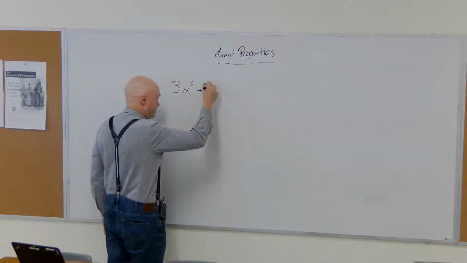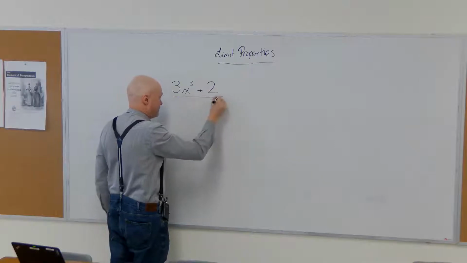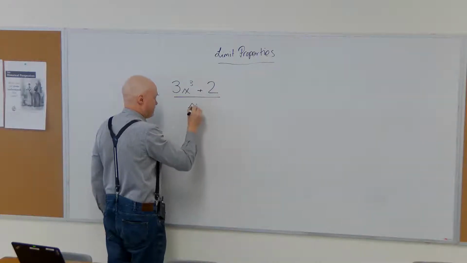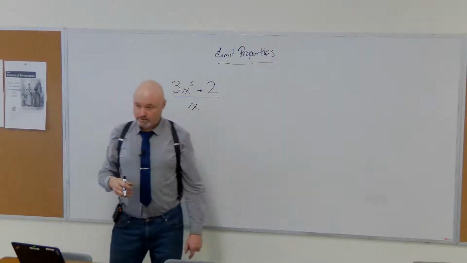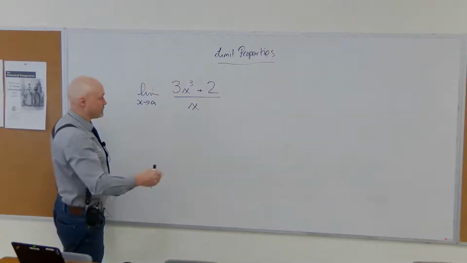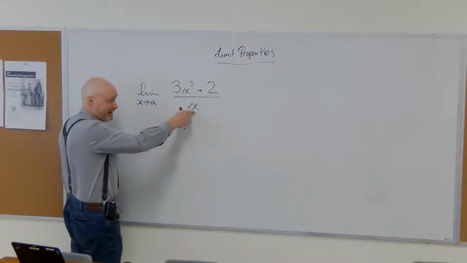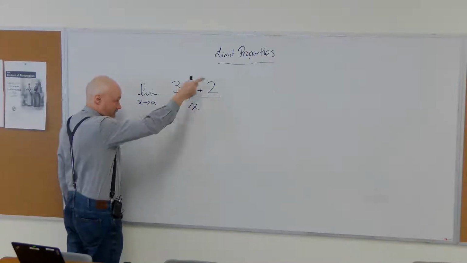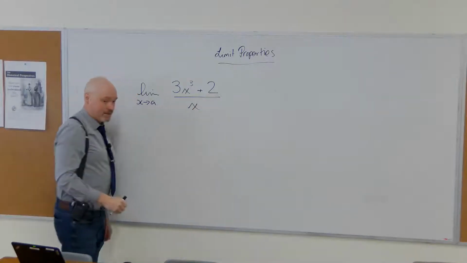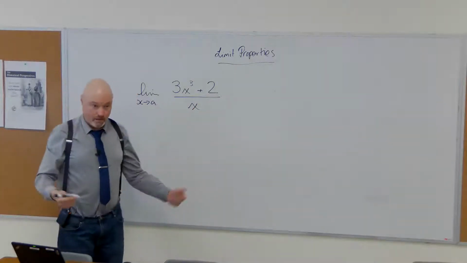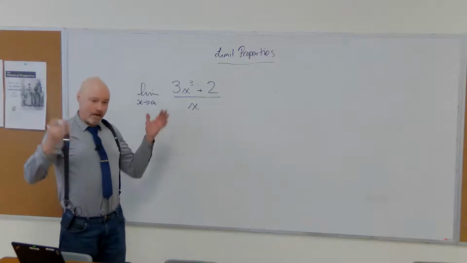So I'm going to put a 2 here, and then I'm going to turn it into a quotient, and put an x on the bottom. There we go. We want to find the limit of this function. Notice the function involves an x, the power of x, a constant times a function, and then a constant at the end. Okay. Gee, I don't know how to take the limit.